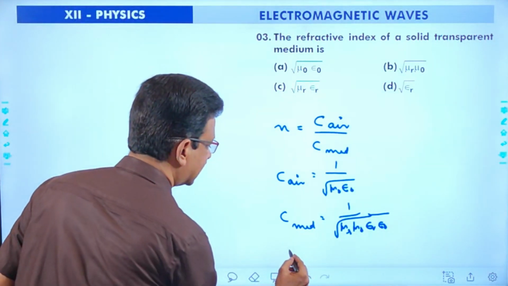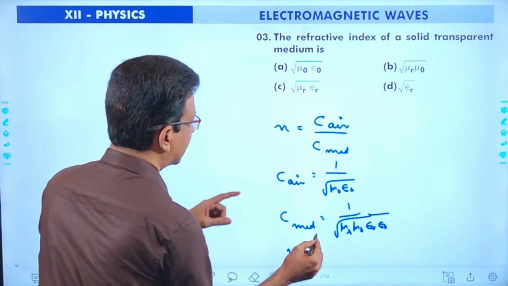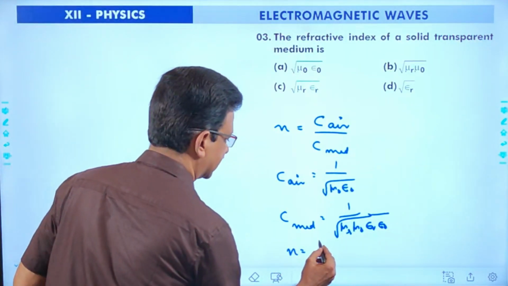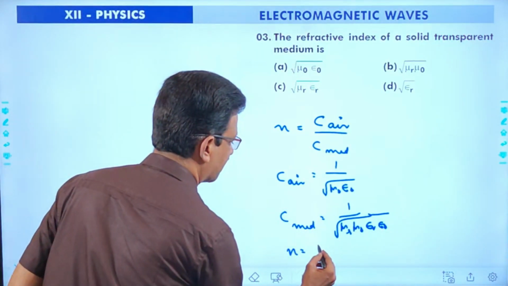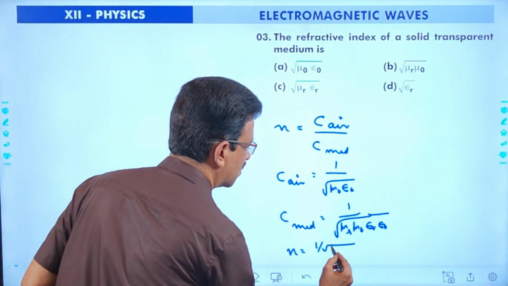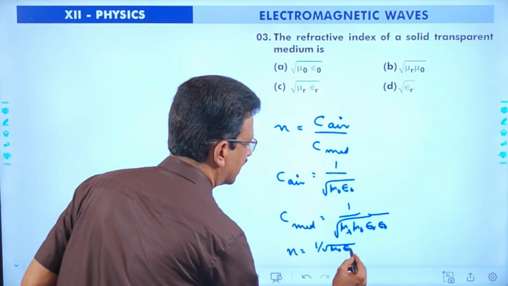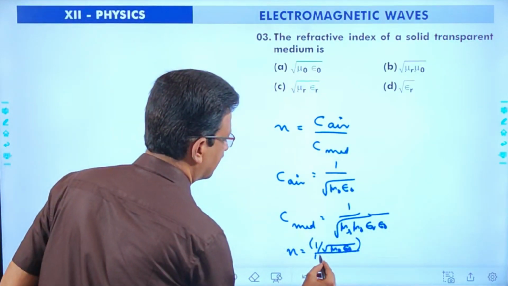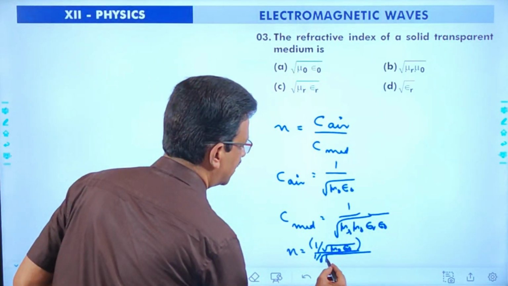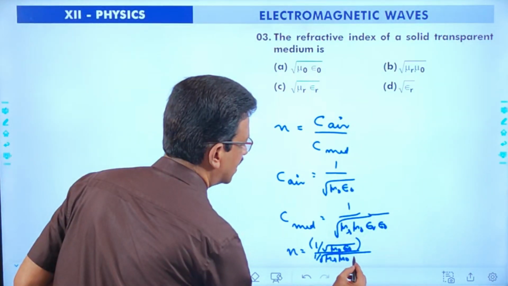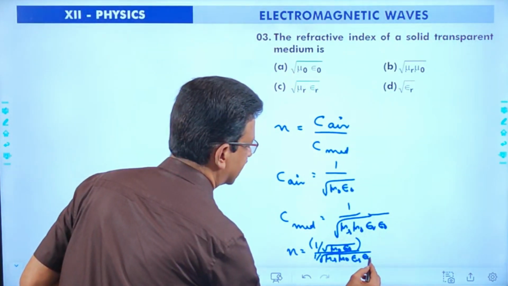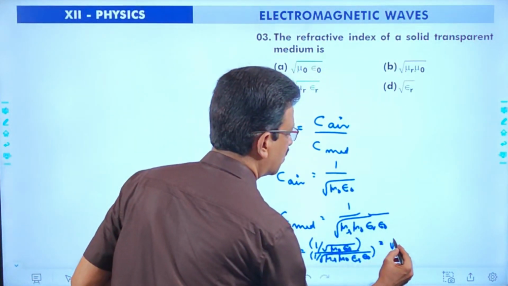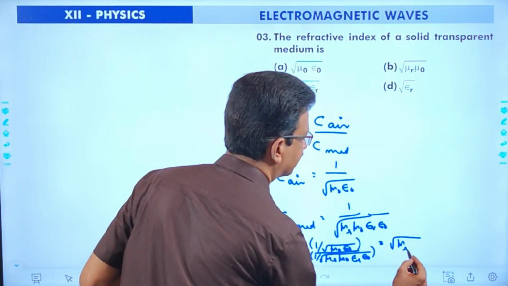Then the refractive index of the medium is the ratio of the speed of light in air, 1 by root of mu 0 epsilon 0, divided by the speed of light in the given medium, 1 by root of mu r mu 0 epsilon r epsilon 0. Then this ratio will give root of mu r epsilon r.